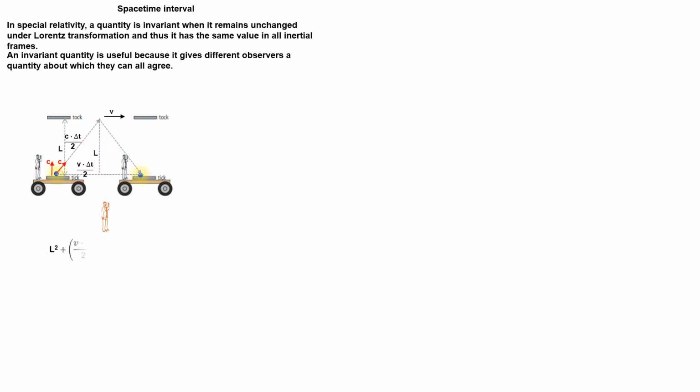Applying Pythagoras' theorem to the yellow triangle, we get the following result. Now suppose the light clock is traveling faster than the previous one. So the distance traveled by the trolley and light is longer.